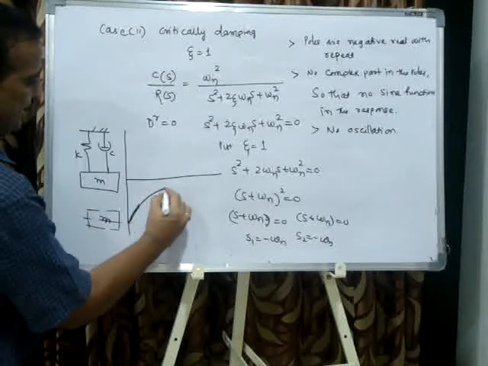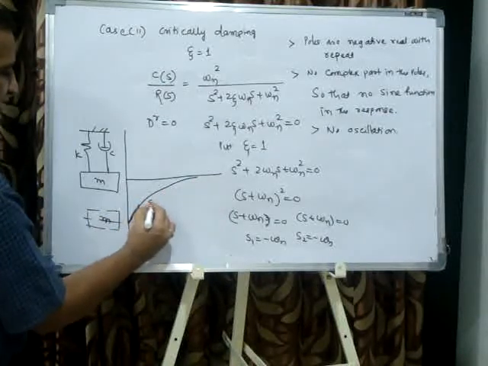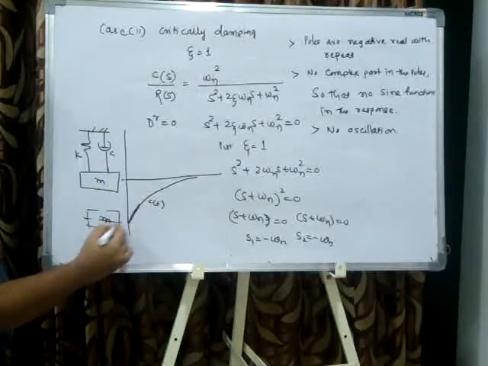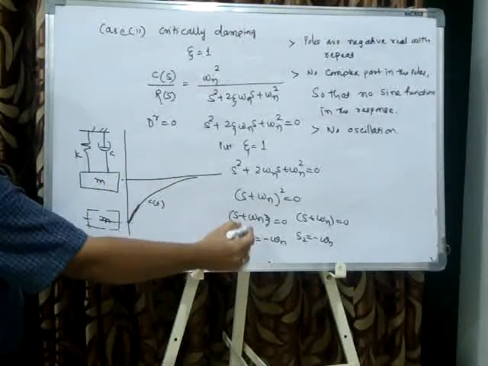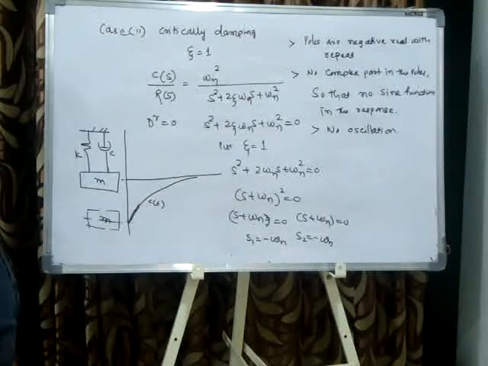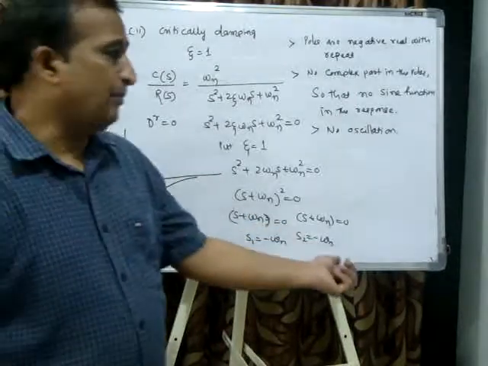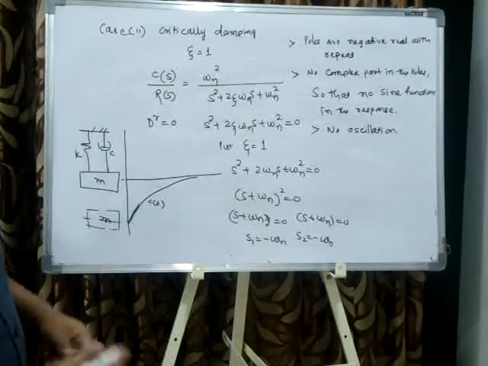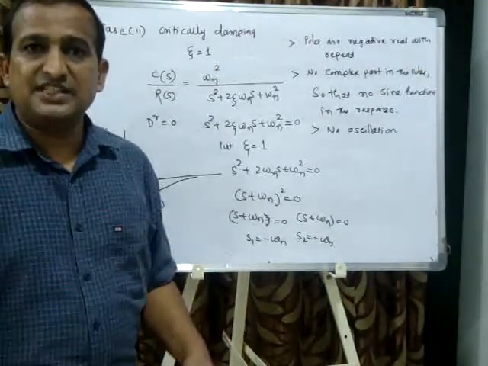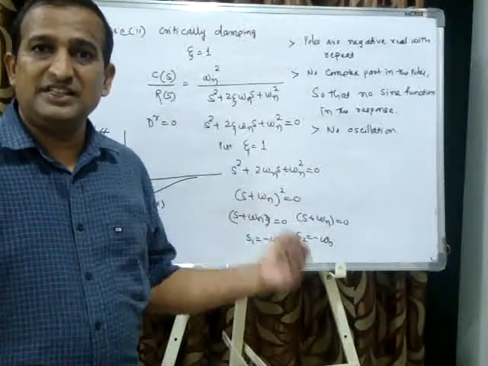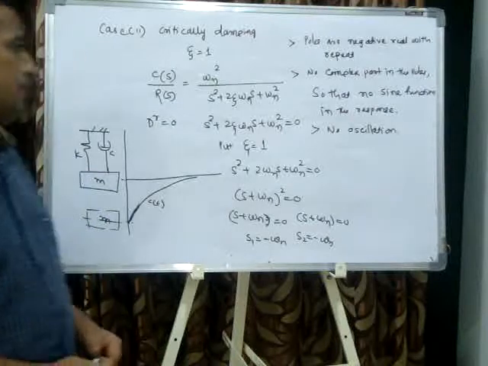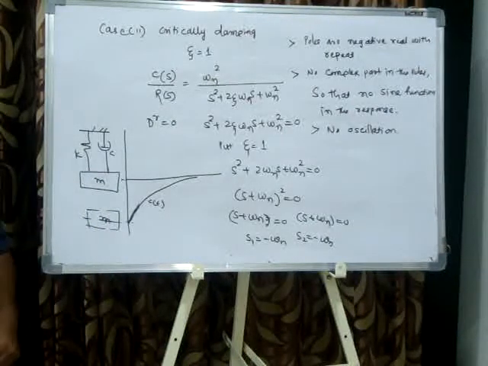It is not crossing the mean position. This is C of t. This is the initial position. Now there is no oscillation because there is no complex part in the poles. Negative real with repeated, so that when the zeta changes, nature of poles changes. When the nature of poles changes, the response curve changes, the output behavior of the system changes. Okay. Now we'll see case number 3.